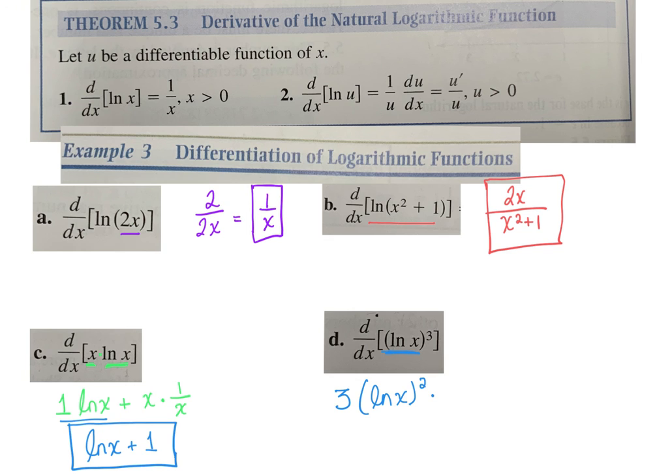And then we're going to multiply it by the derivative of the inside, the ln of x. What is the derivative of ln of x? Just what? 1 over x. So to simplify it a little bit, which they didn't, but I would do it this way: 3 ln of x squared all over x. And either one of those is fine.